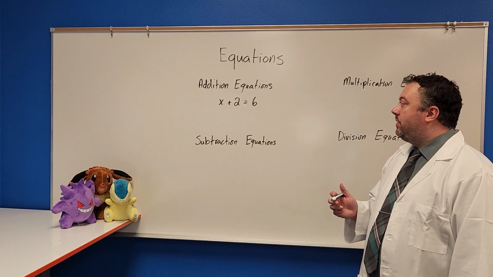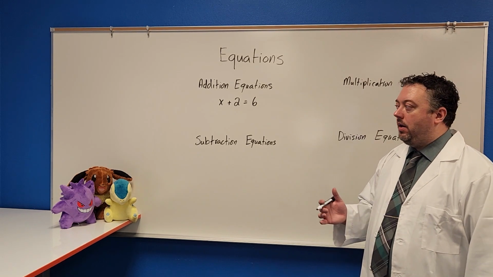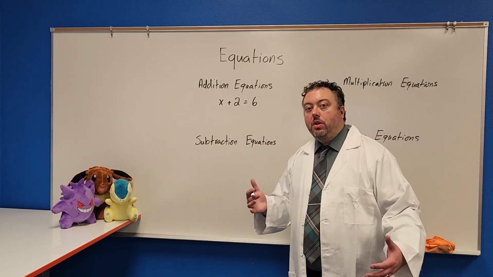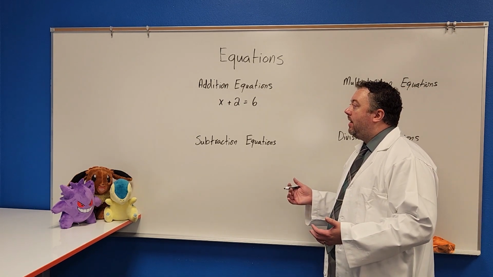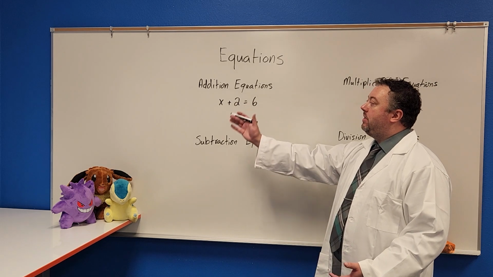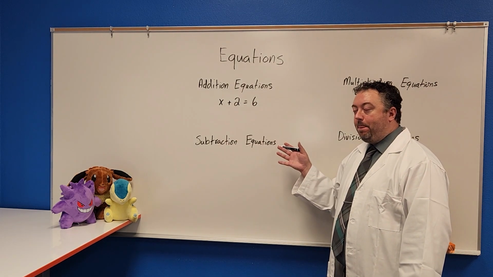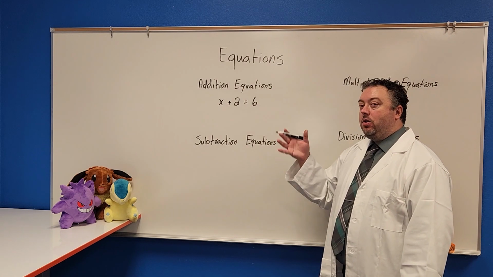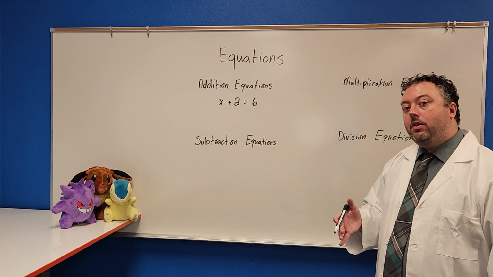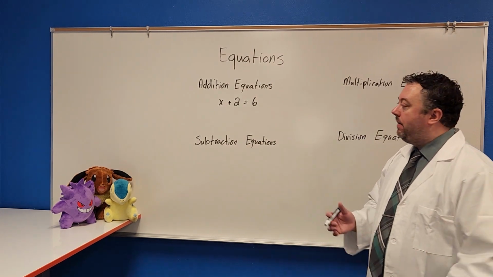In this case, we are going to use the properties of equality. So hopefully you remember these basic properties of equality that tell us that if we do the same operation to both sides of an equation, we will get equivalent equations. Now, equivalent equations, of course, meaning equations that have the same meaning.